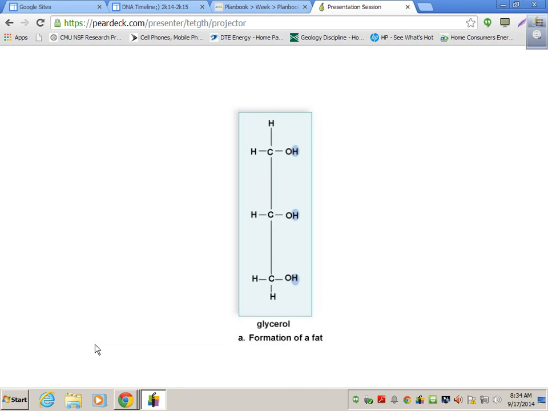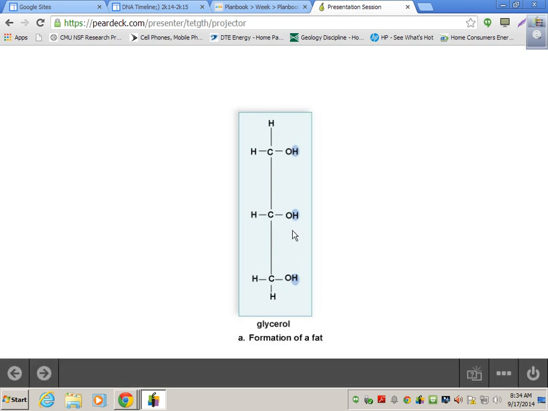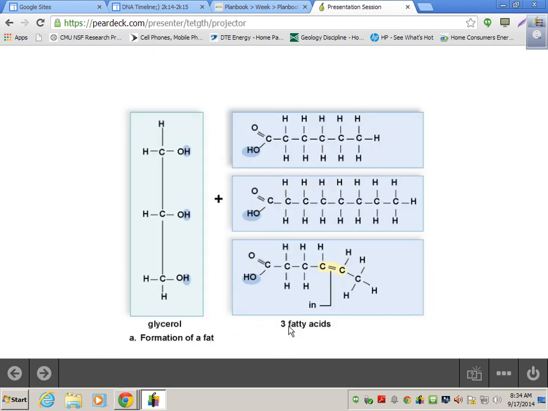But the foundation of all fats is going to involve a glycerol. This is a basic glycerol molecule. Then we're going to have our 3 fatty acids that will attach to it. If I see 3 fatty acids coming together, what's going to be made in this process? On this glycerol, I have 3 spots where I could lose a hydrogen to a hydroxyl group on a fatty acid.